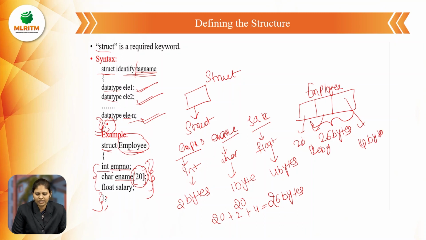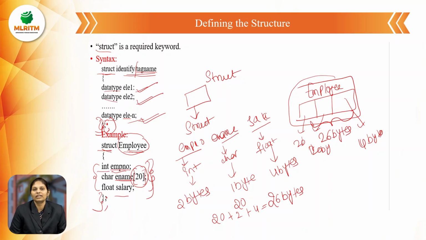In a structure, memory is taken in a different manner for different data types. The complete 26 bytes is stored as individual data types like integer, character and float. The memory is shared as the total of all the data types used. So struct employee is created in memory as the sum of the three data types, 26 bytes of data.